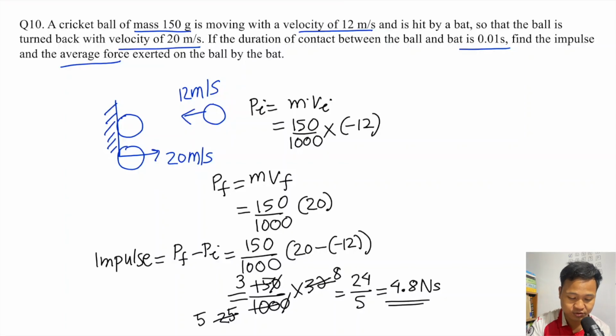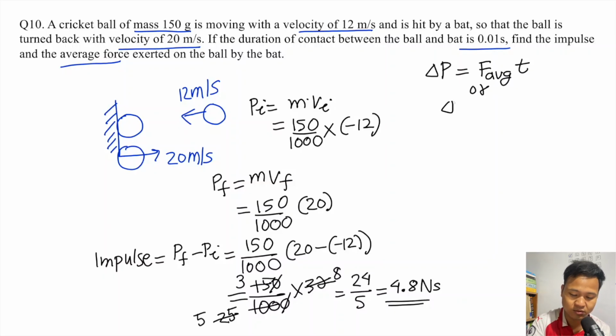Now that we have the impulse, let's find the average force. See here, delta p, the change in momentum, is equal to impulse, which is integral f dt. If the force is constant, I can write delta p equals f average into t.